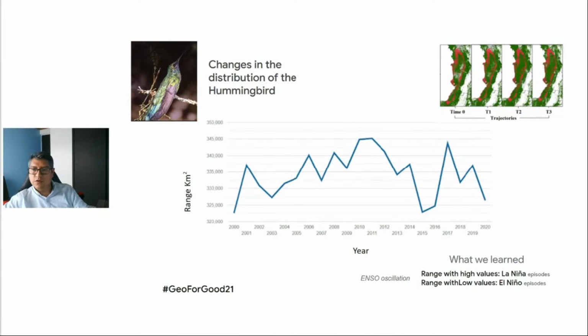This graphic corresponds to the trend in the distribution of a hummingbird, the sparkling violetear, and represents how the habitat changes over 21 years, with high values of rain in rainy years and lower values of rain in dry years, which agree with the ENSO oscillation. We consider that this type of map shows a realistic trend of the species because of the relationship between the birds and the healthy vegetation.